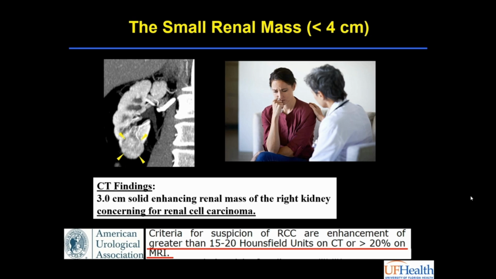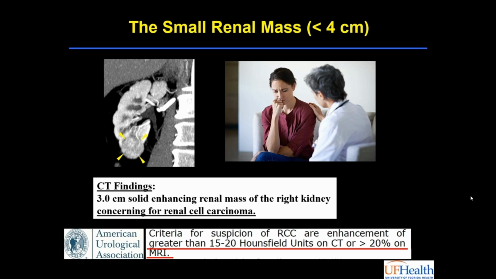And the American Urology Association uses the criteria of defining a solid enhancing mass by something called enhancement. So on a CT scan, the mass actually gets brighter when you administer intravenous contrast dye, suggesting that the mass has blood supply that's feeding it. So this is then considered a tumor of some sort.